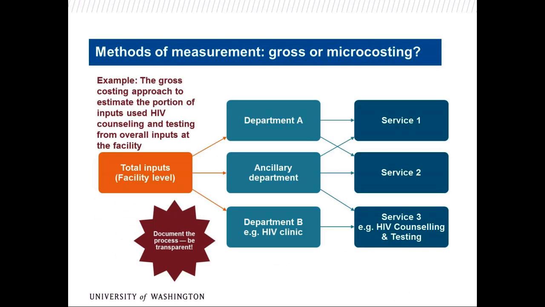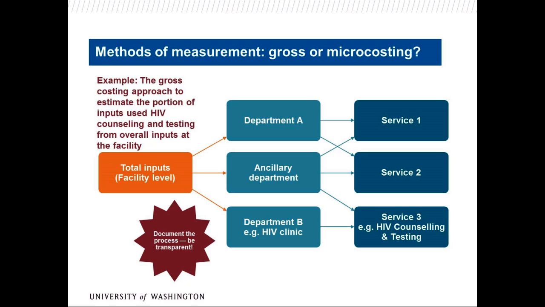So the next thing around collecting cost data, are there different methods? One is micro-costing or gross costing. Micro-costing is where you actually go into a facility, you find out what everybody's doing, you measure the quantities and later get the prices associated with all those activities and inputs. What we often really do is what's called gross costing, and we use available expenditure data.